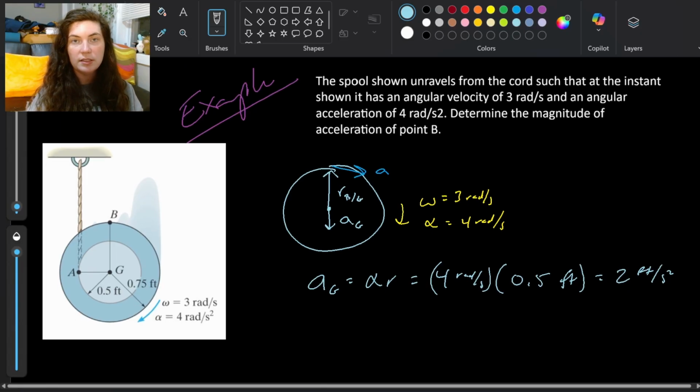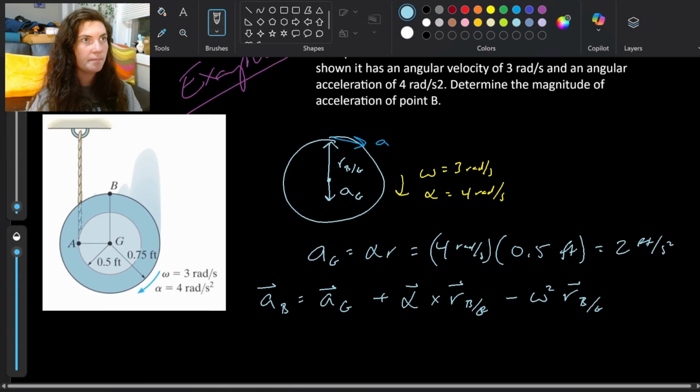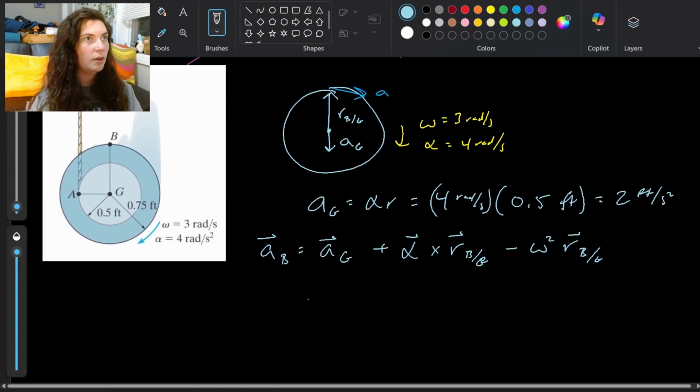So now we're going to go ahead and do our relative motion setup with A_B, since we're trying to find it about point B. A_B is going to be A_G plus alpha cross r of B with respect to G minus omega squared times r of B with respect to G. So I can go ahead and plug my things in. I'm looking for A_B. A_G I know is 2, and that is in the negative y direction, so negative 2 j hat.